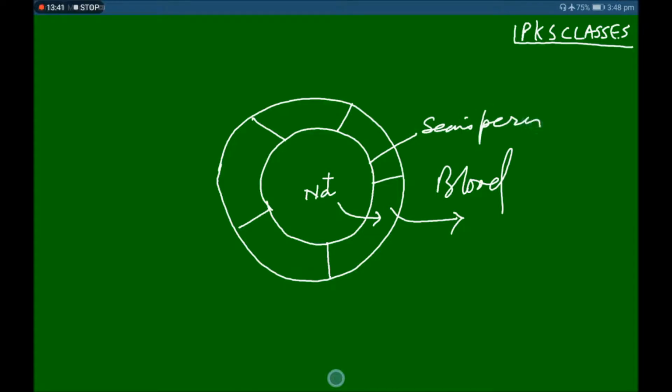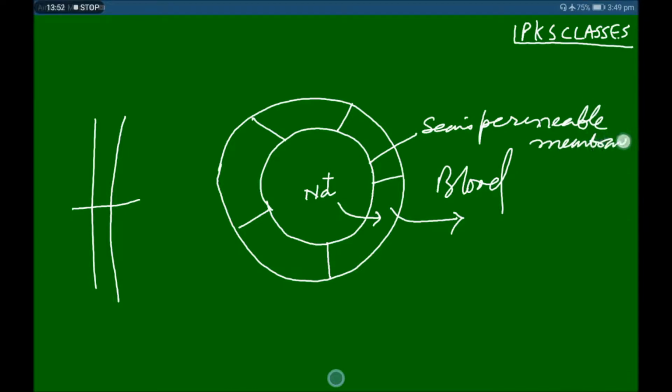So suppose this is the tube of nephron, we are taking a cross section of it, so it looks like this, and this is a semi-permeable membrane. If there is a semi-permeable membrane, then there will be movement of solvent. Here the solvent is water, so water moves from low concentration to high concentration.